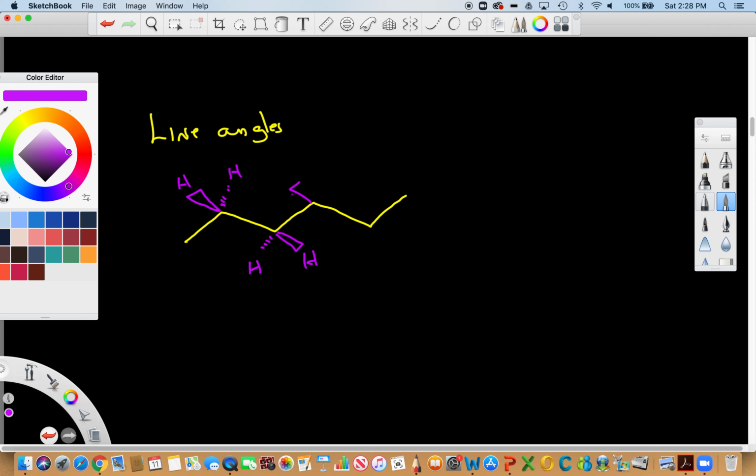Oops, I got this one backwards now. I will just leave it that way. And of course this is CH3. This is CH3. So we're trying to follow the line diagram because I forgot to draw it.